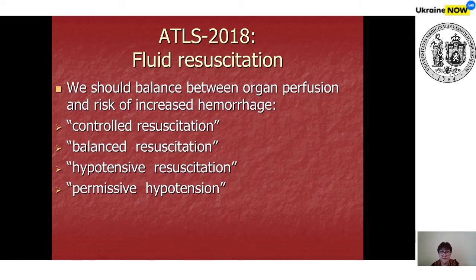We should balance between organ perfusion and the risk of increased hemorrhage. This strategy has main names such as controlled resuscitation, balanced hypotensive resuscitation, permissive hypotension, but such permissive hypotension must not last longer than 1 hour. It can lead to ischemia in organs.